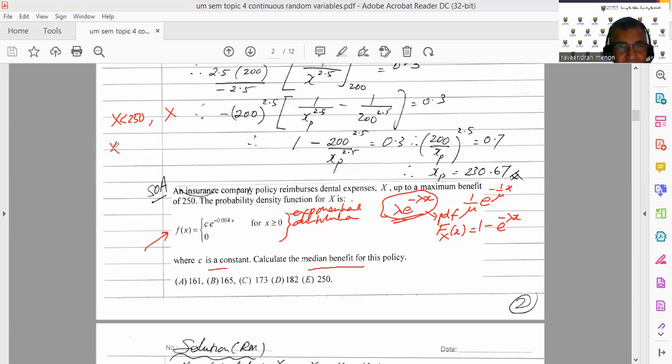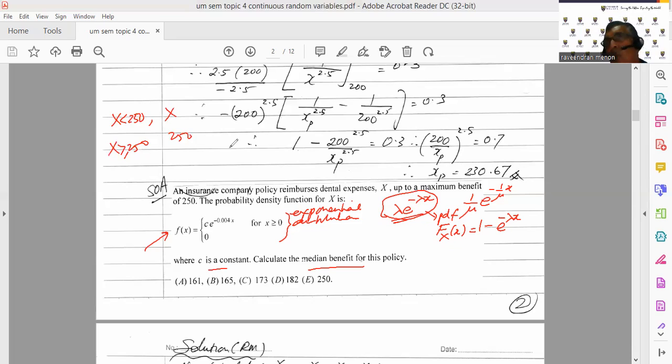If X is bigger than 250, then you will get 250. Just an idea, right? It's what we call deductibles and all those things that you learn in an insurance course. But never mind. I'm just telling you what, by right, I should introduce a new random variable X1 or Y or something. I didn't do all those things. I'm giving you an idea, right?